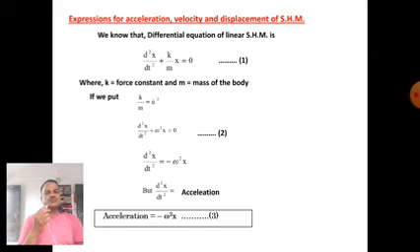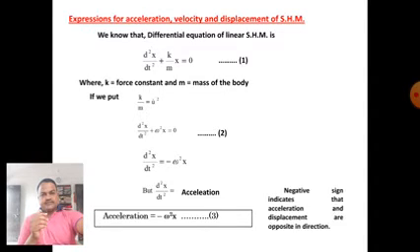This is the expression for acceleration of a particle performing linear SHM, a very simple derivation. Next we also have to derive the acceleration at mean position and at extreme position in the next slide.